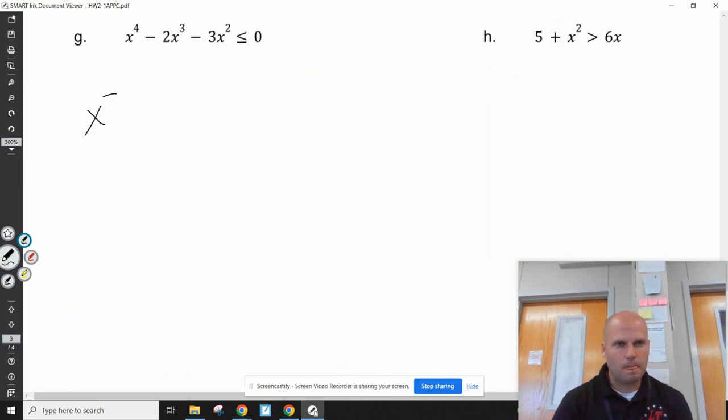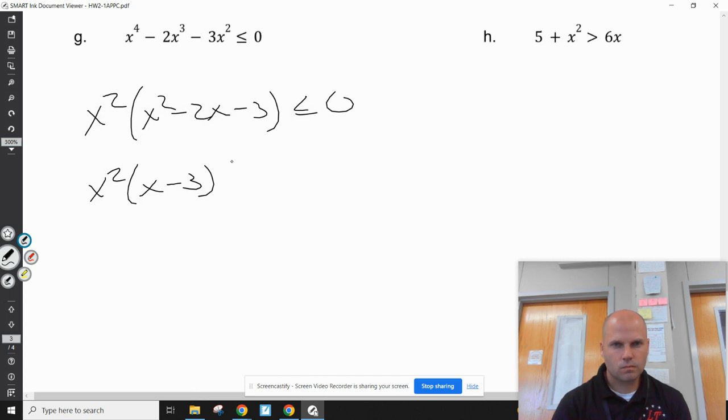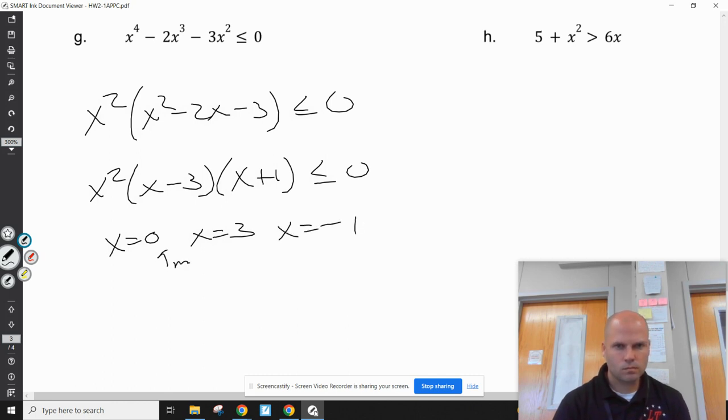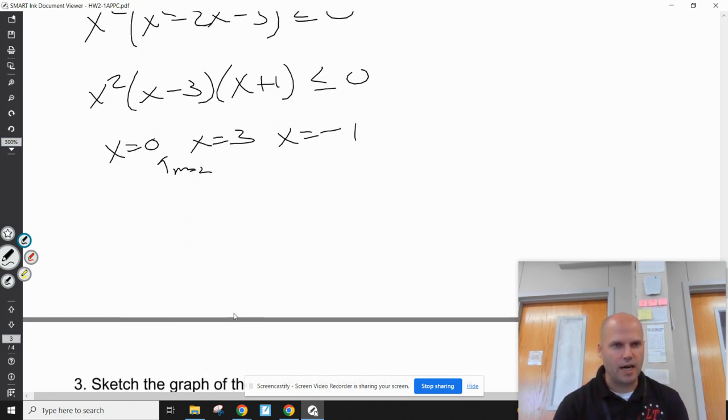A couple more, and then we'll get into the graphing. Factor out an x squared. That's a multiplicity of 2. The other multiplicities are odd. If you want to use test points, because that's the first thing you learned, fine.